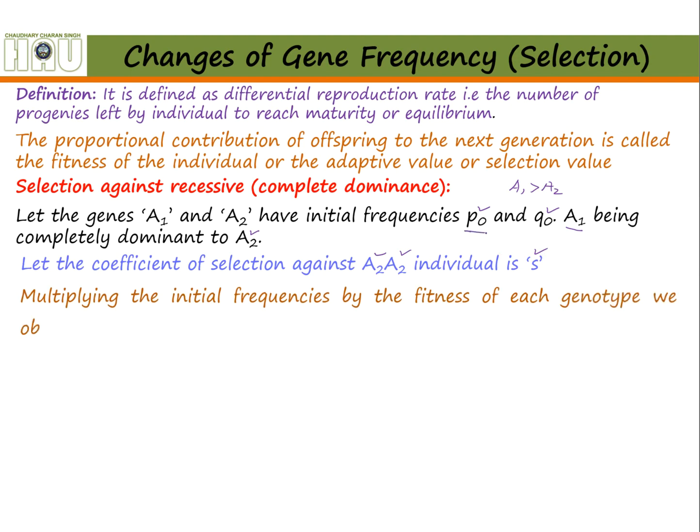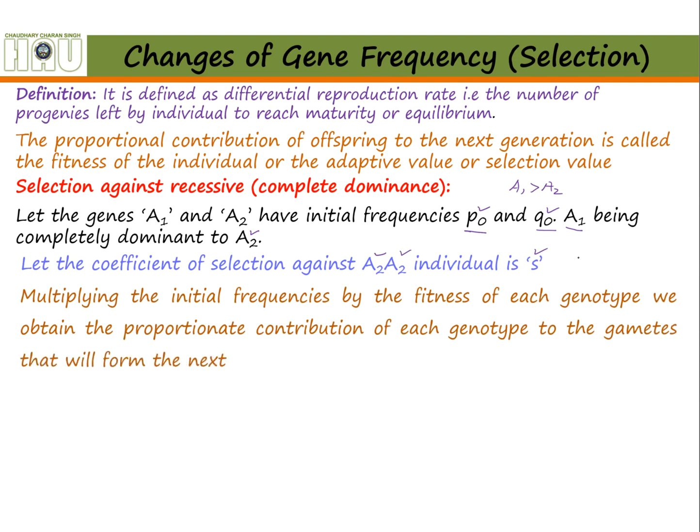So if we multiply the initial frequency, that is P0 and Q0, by the fitness value of each genotype, we obtain the proportionate contribution of each genotype to the gametes that will form in the next generation.